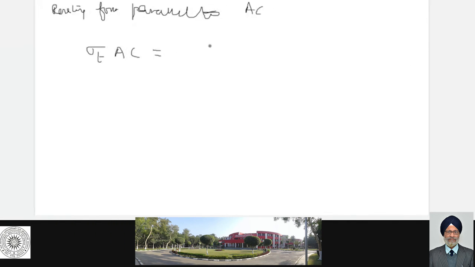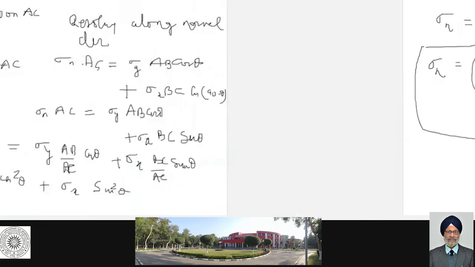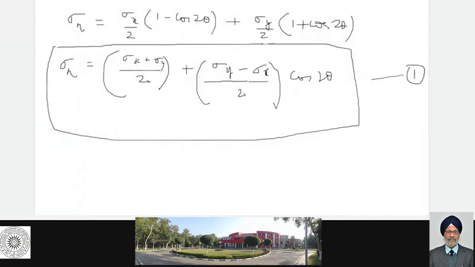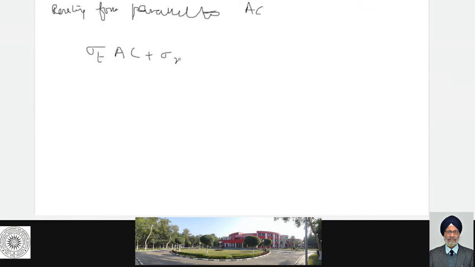You can add here, it will be plus sigma x into BC cos theta. Sigma x BC cos theta. Right?